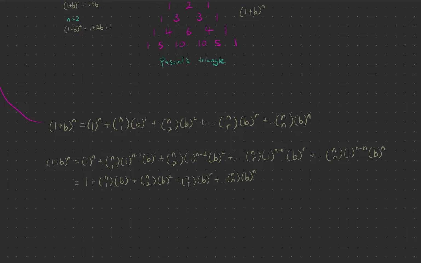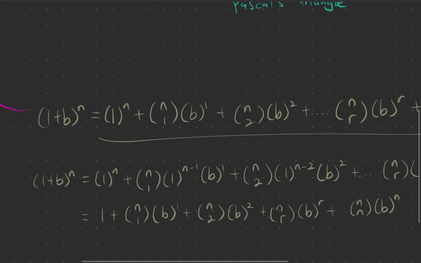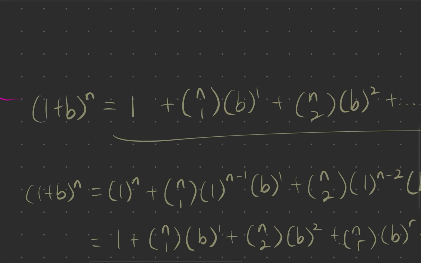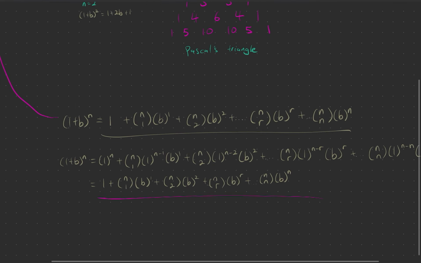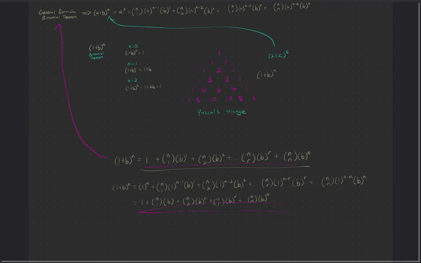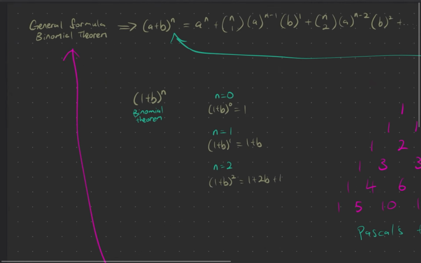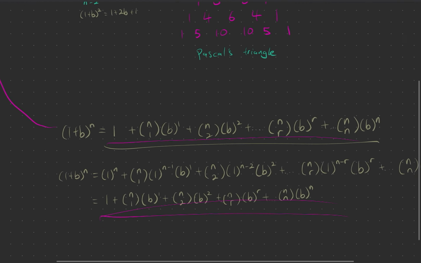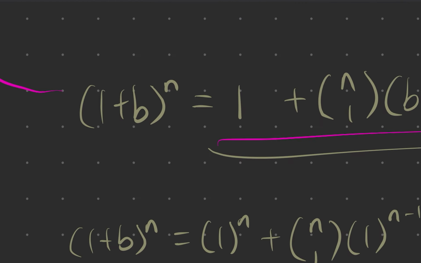Now it looks the same as this one on the top. Hold on, let me change this. Yeah, now it looks the same. It's exactly the same. So this is actually how we derive the general formula for (1 + b)^n. So yeah, you can use this formula instead of the general formula because it's easier to use if your binomial expansion has a 1 in it.